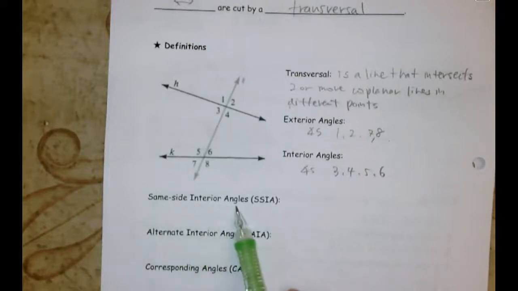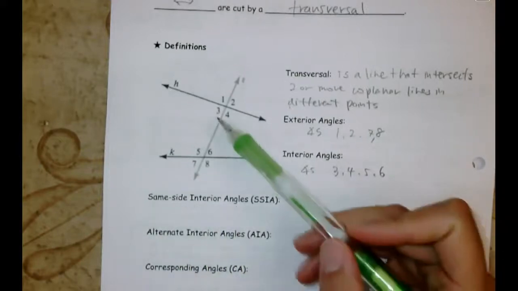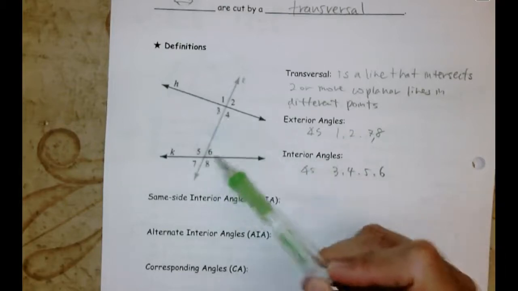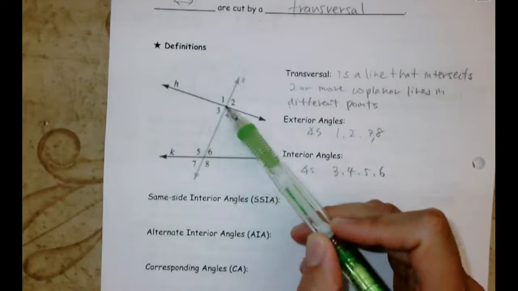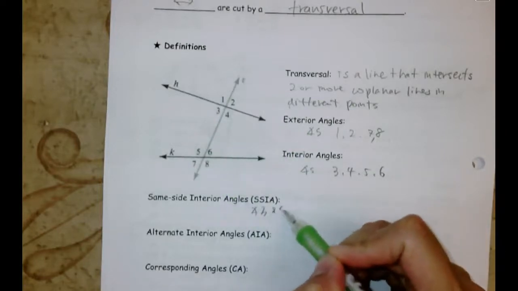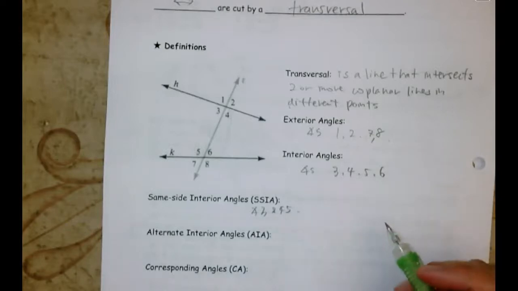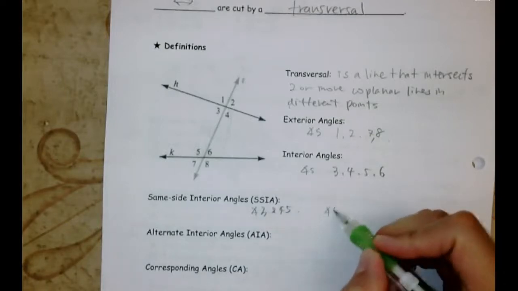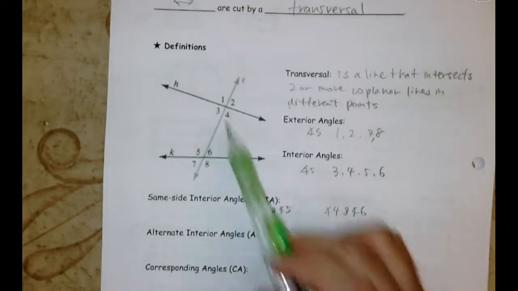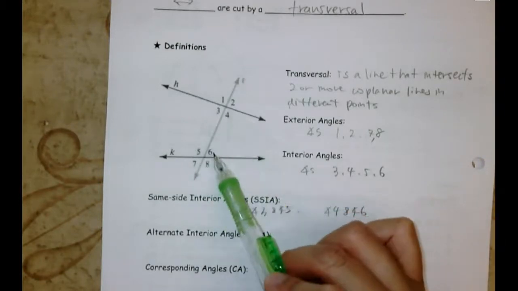Same side interior angles are, these are same side interior. So interior angles are these, right? And they are on the same side of the transversal. So 3 and 5 are same side interior angles, and also 4 and 6 are same side interior angles. But 3 and 4 aren't, and 5 and 6 aren't.